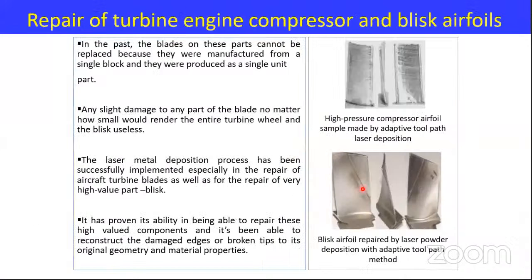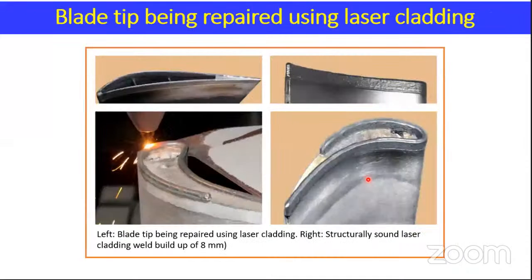Okay, and this is the application to compressor blades and blisk profiles, which again got damaged, and you can see that it has been repaired and its shape restored, with the aerofoil profile. All those things can be reclaimed and put back into actual service conditions, right?